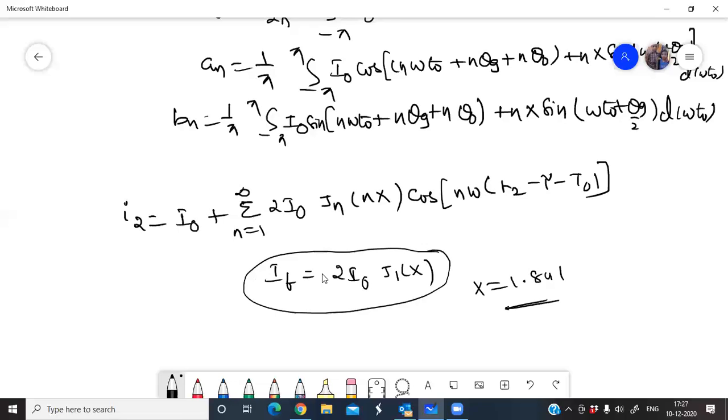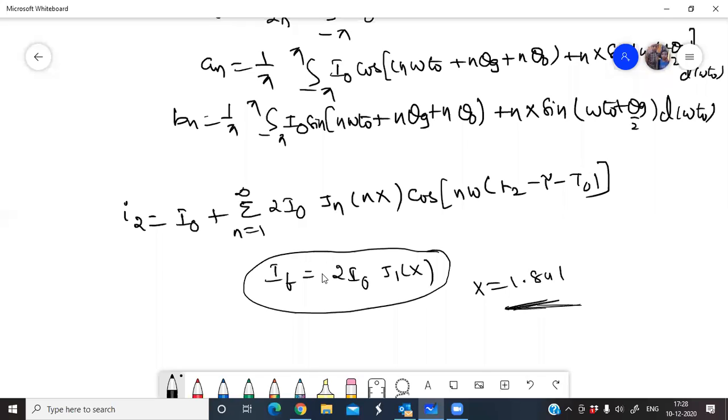So from the Bessel function, the fundamental component has the magnitude 2 I naught J1 of x, and this has the maximum value whenever x is equal to 1.841. Now this 1.841 you have to substitute in L optimum. That is the concept.